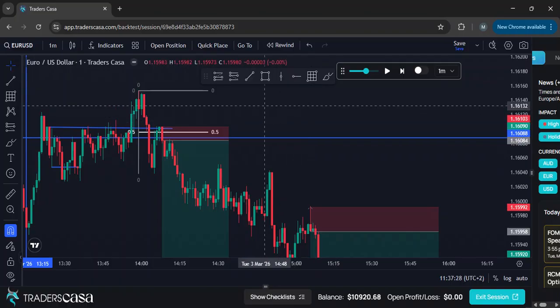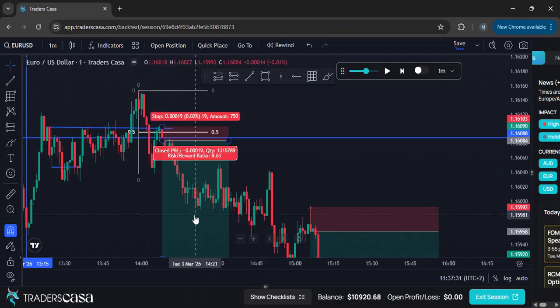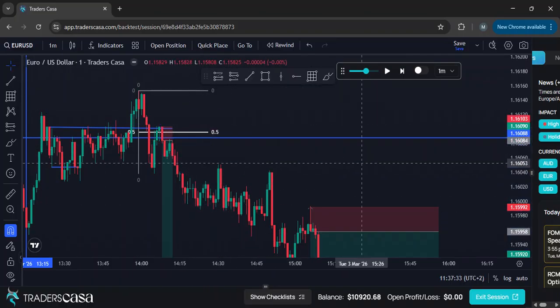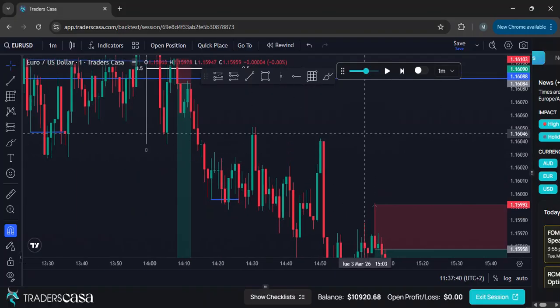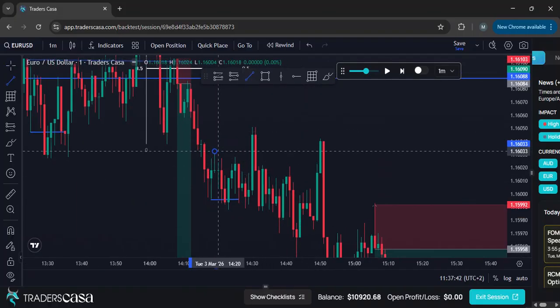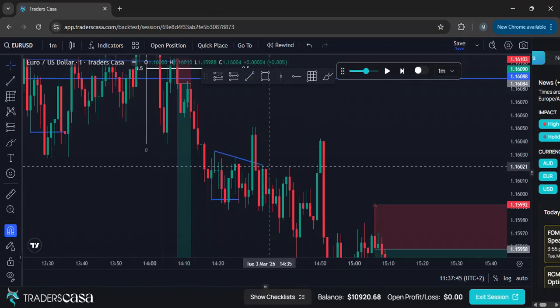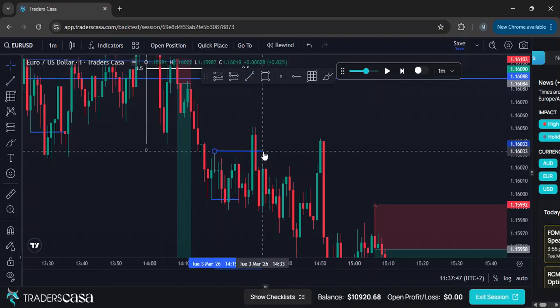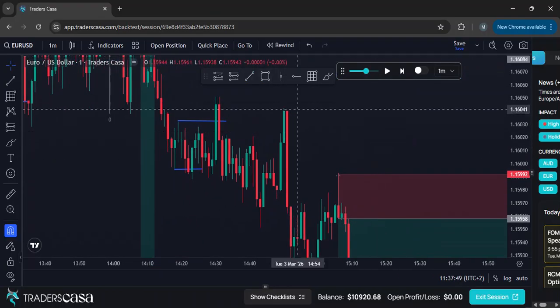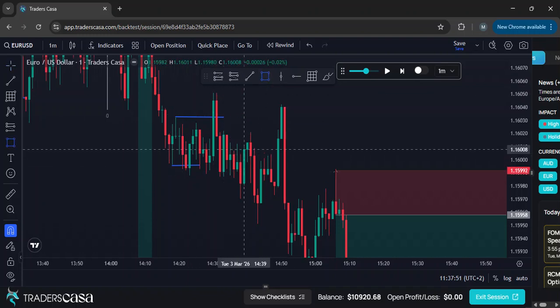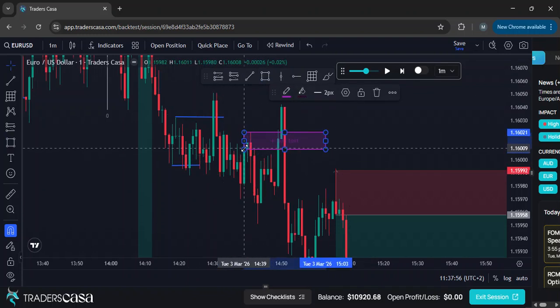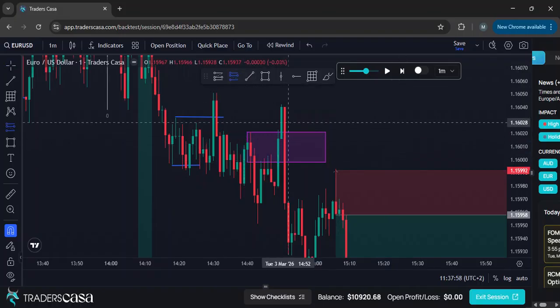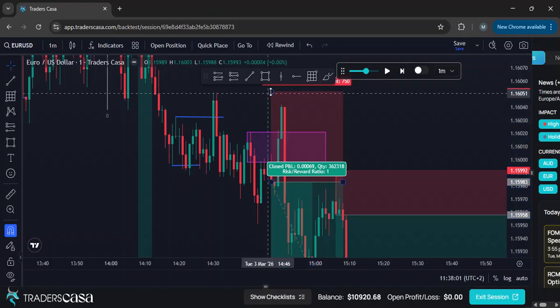So I waited. Then we had the drop here. If we mark out, we had a slight break of structure to the downside, and if you consider this a high, this would have been a liquidity sweep. That means later when the market was moving around, you would have had this as your POI, and you would have entered here and taken a loss.